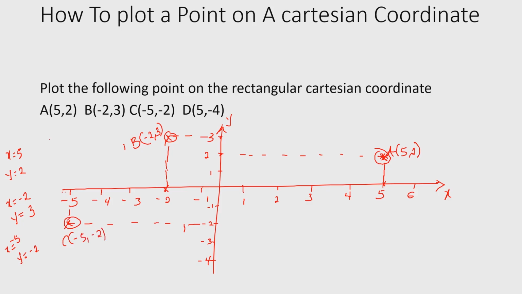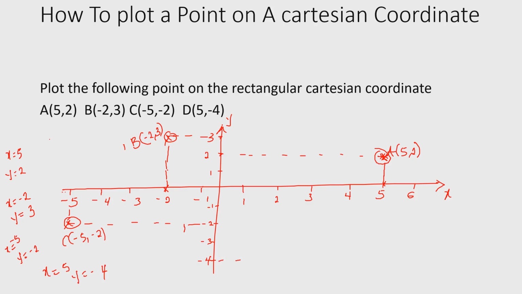Then finally, for the last one, it says that D is equal to 5, minus 4. So my x here is 5 and my y is equal to minus 4. So I'm going to locate x. X is 5 here. You can see x is 5 here and y is minus 4. So here is minus 4 on the y-axis.